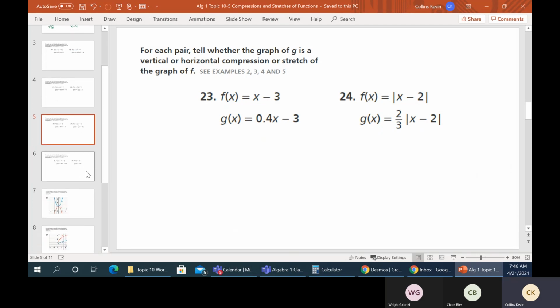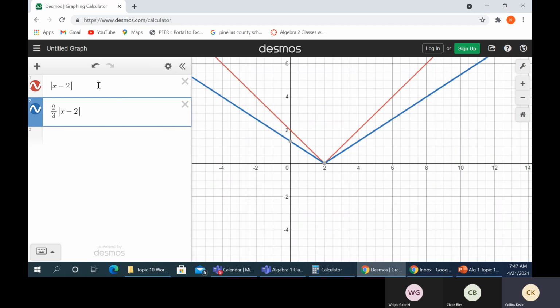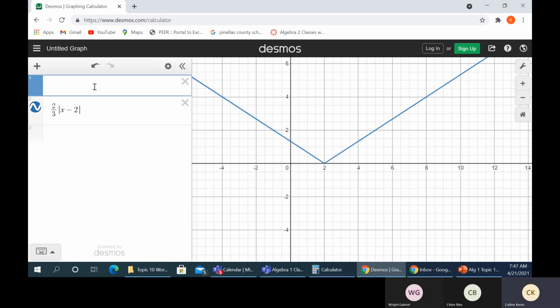Do one more here and call it a day. Okay, so this guy again, we're going to have x squared plus 2. So let's go ahead and do that. X squared plus, here's our guy.